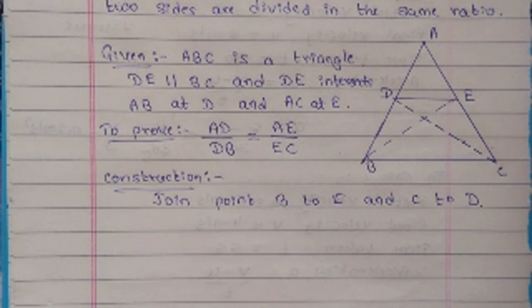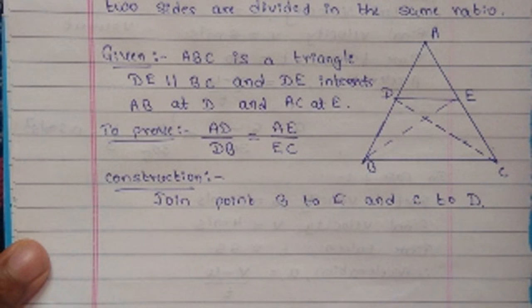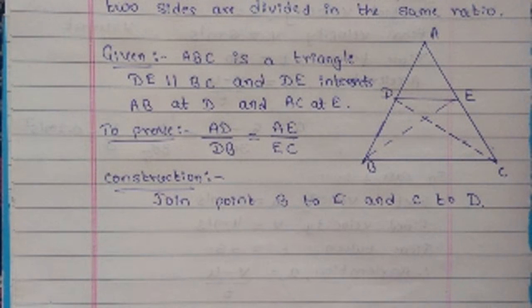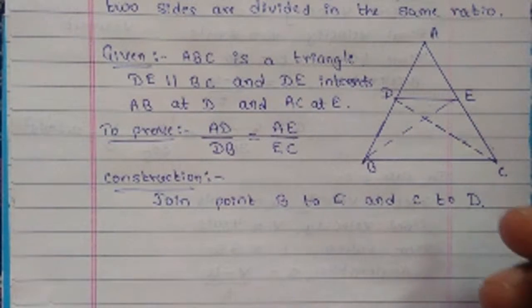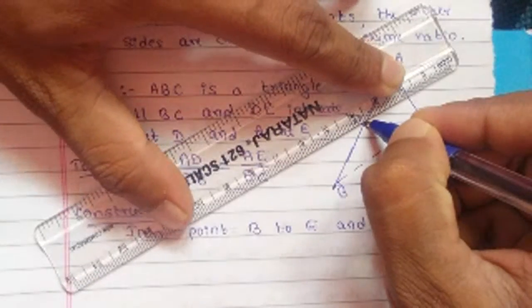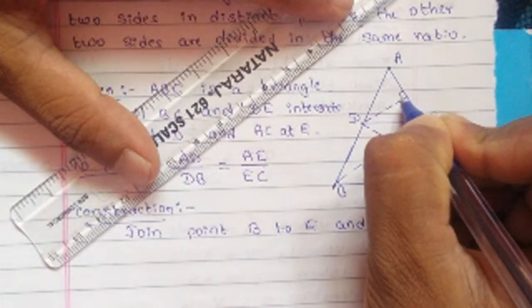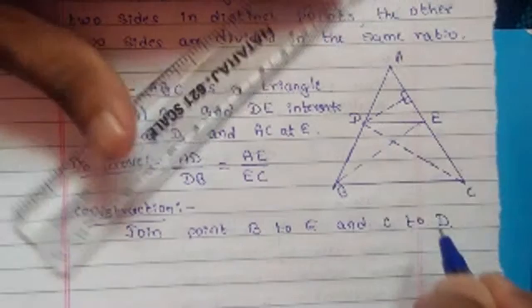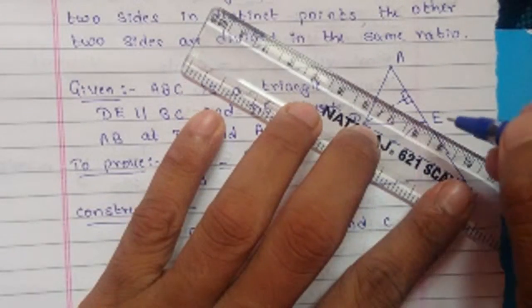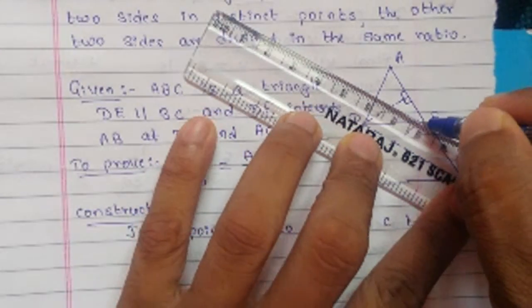The next one, draw DN perpendicular to AB. Draw DM perpendicular to AE. So for that I will draw one perpendicular line. Perpendicular means it gives 90 degrees, and another line, this is also perpendicular.